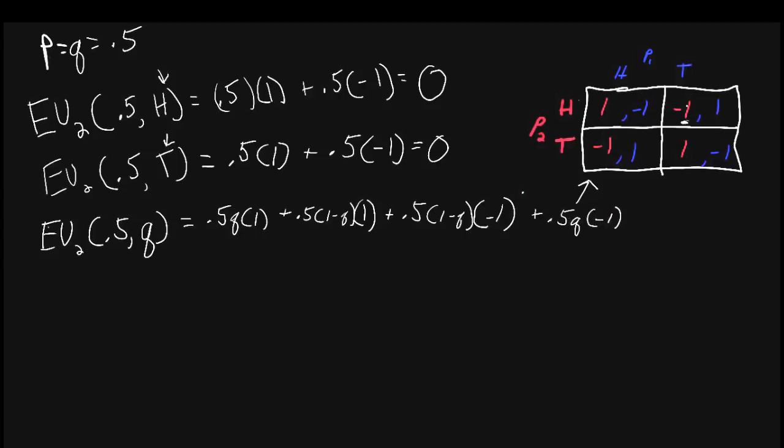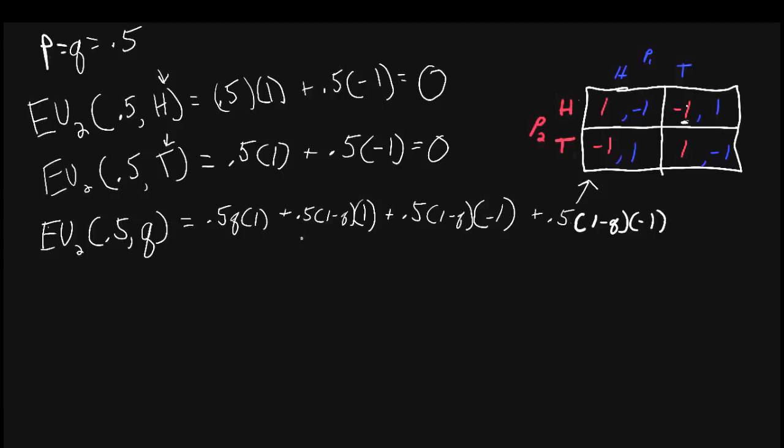Oh, actually, sorry. Player 2 playing tails is actually 1 minus Q, because remember we said he plays heads with probability Q. So this is 0.5 times 1 minus Q. And in this case, they're mismatching. Player 1 is playing heads, player 2 is playing tails, so player 2 gets -1.